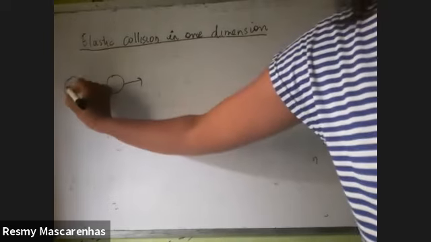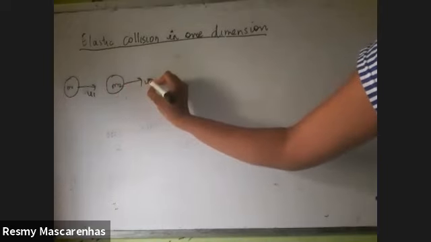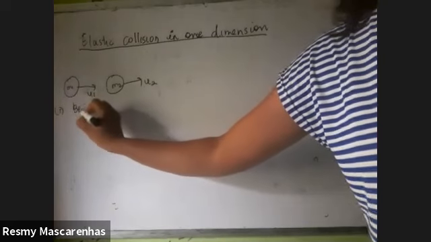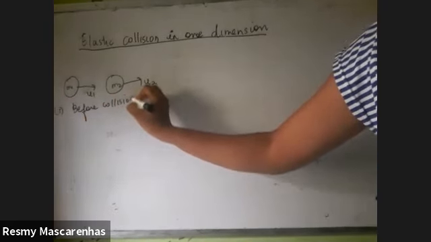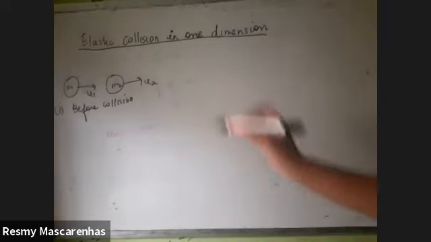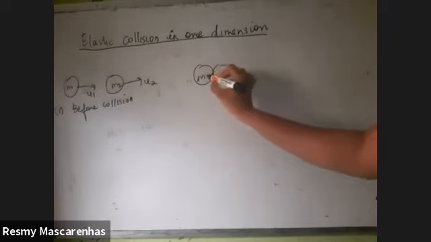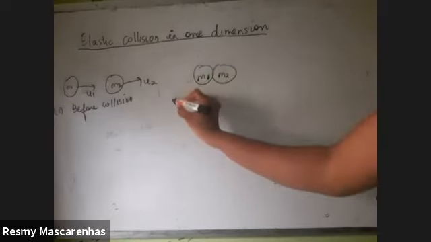One is m1, moving with velocity u1, and m2 moving with velocity u2. First write this is before collision. Then m1 and m2 again, which you write as during the collision.